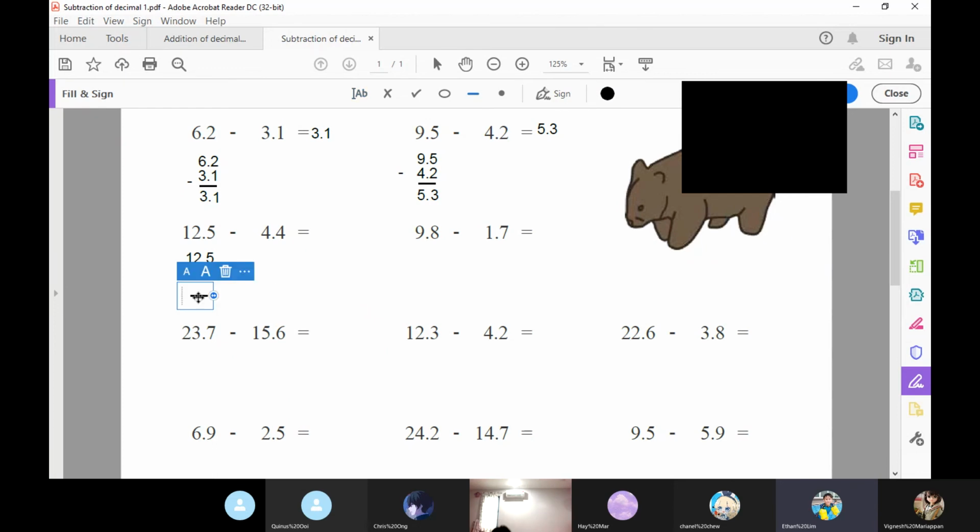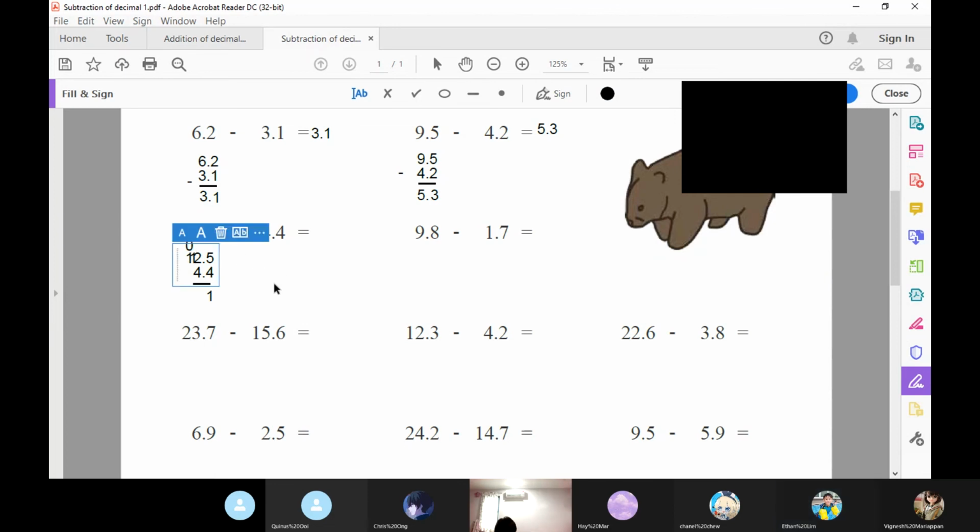5 minus 4 equals 1. Then 2 cannot minus 4, so borrow from 1. Okay. So the 2 becomes 12. Okay, 12 minus 4 is 8. I think you put the one on the top, Hemar.